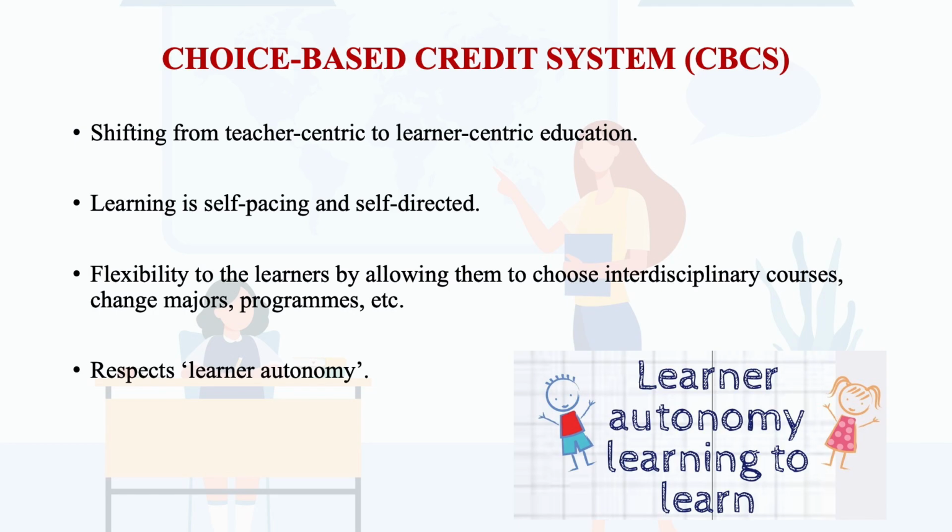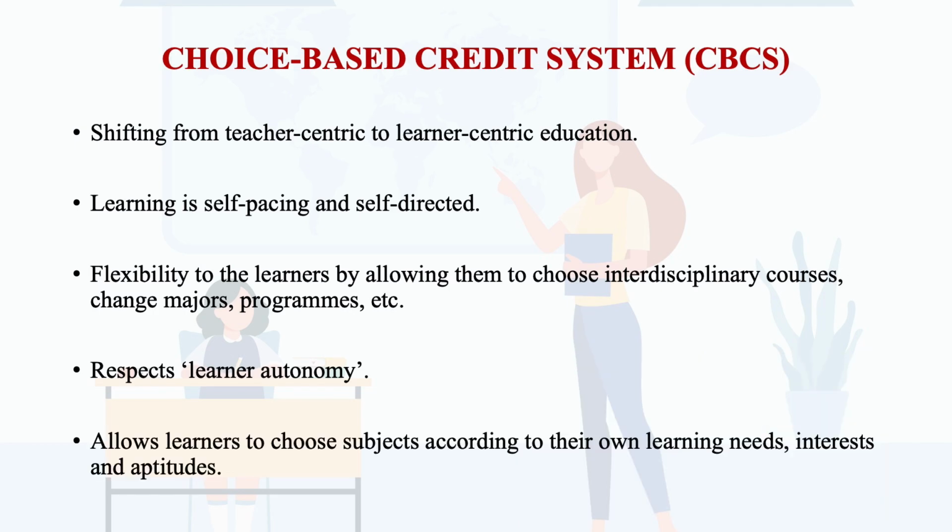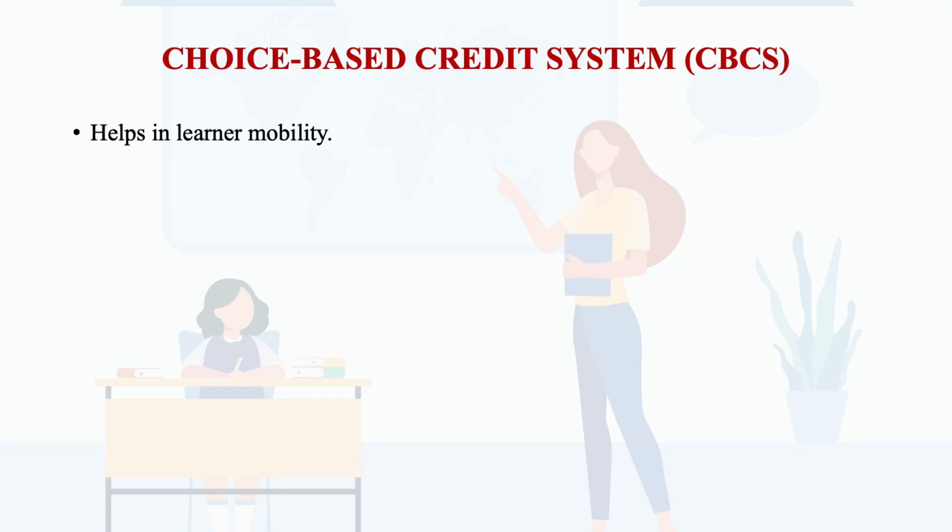Then learners' autonomy is also given importance, as it allows learners to choose subjects according to their own learning needs, interests and aptitude. A management student, or science students, can select a subject of music, or a subject of accounting. That facility, that opportunity, should be given to the learners. And further, it helps in learner mobility, so that learners can move from one institute to another institute.